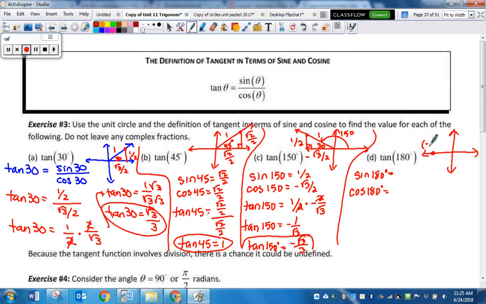Because the coordinates at that point on the unit circle are negative 1, 0. So sine is 0. What's cosine? Negative 1, and therefore tan of 180 would be sine divided by cosine, or 0 divided by negative 1, which is 0. So tan of 180 equals 0.